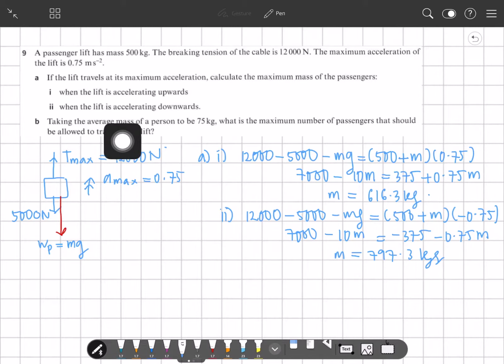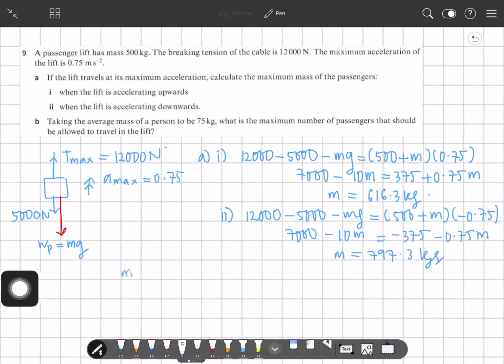For question B, taking the average mass of a person to be 75 kilogram, what is the maximum number of passengers that could be allowed to travel in the lift? Alright, so in order to find the number of passengers, we need to consider the minimum mass from the masses we have in 1 Roman and 2 Roman, so that the cable is not breaking.